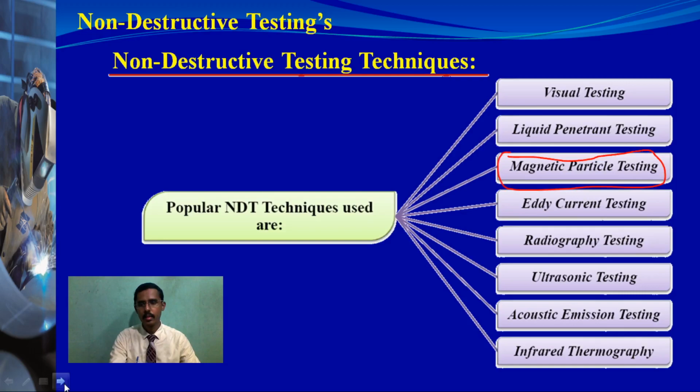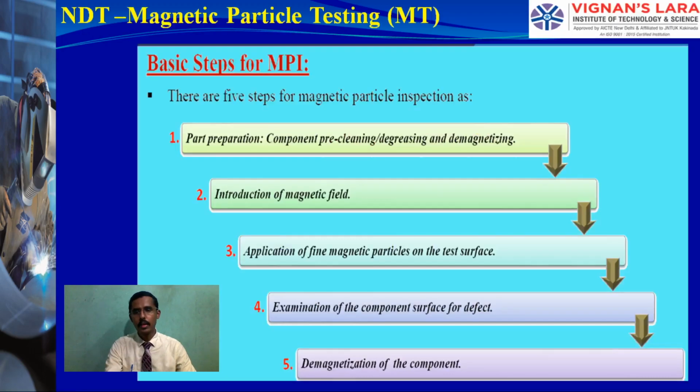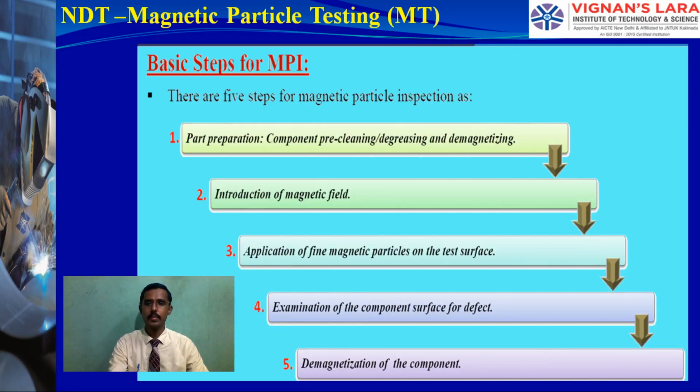You see, we are going to talk about the types of magnetic particle testing. Not types, it is steps of magnetic particle testing. They can mainly be divided into 5 steps that we are going to see in today's class. 5 steps.